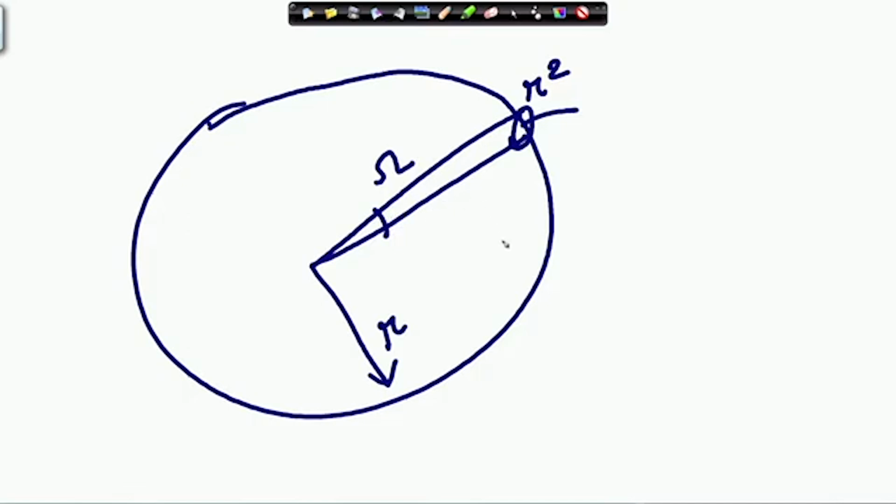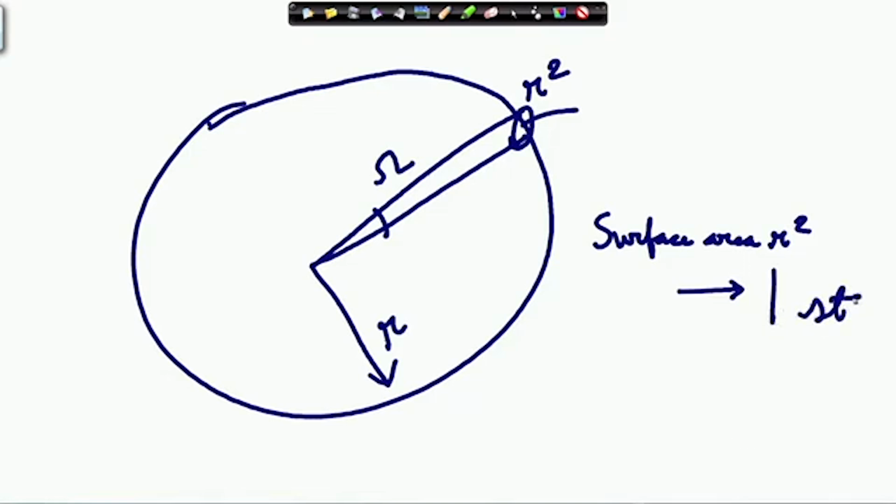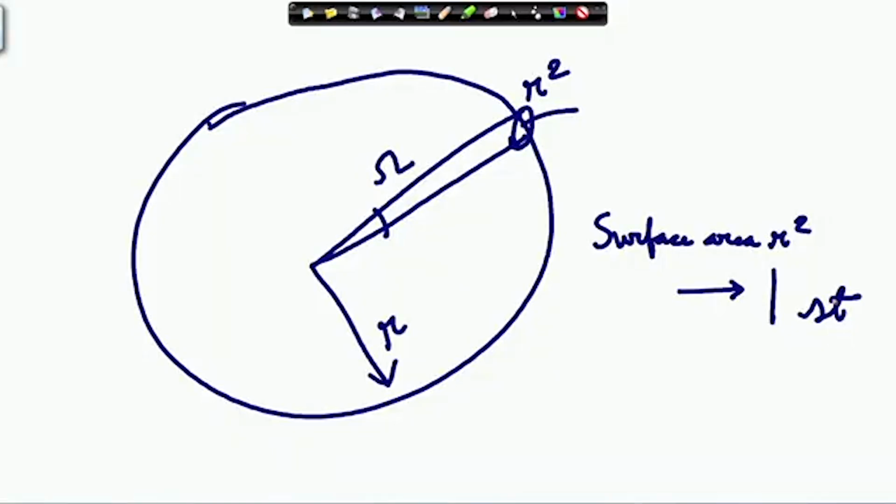So, that means a surface area r square subtends 1 steradian solid angle. So, the whole spherical surface, whole closed surface, that will subtend how much area? Simple unitary method will show you that 4 pi steradian is the total solid angle that is subtended by a closed surface. A closed sphere will subtend at the center 4 pi steradian.